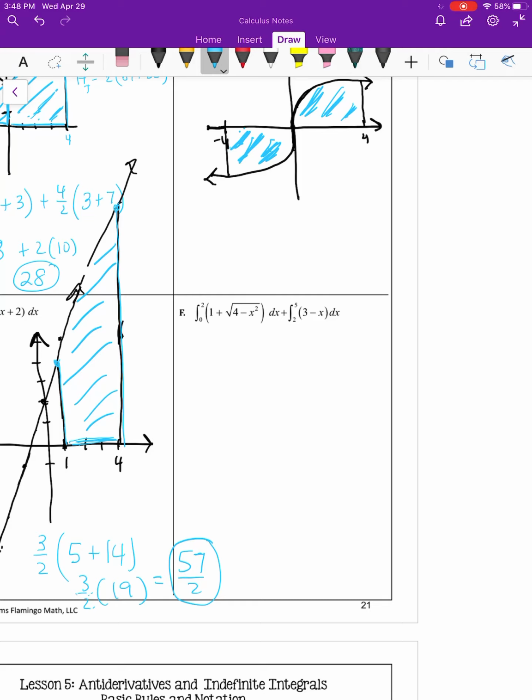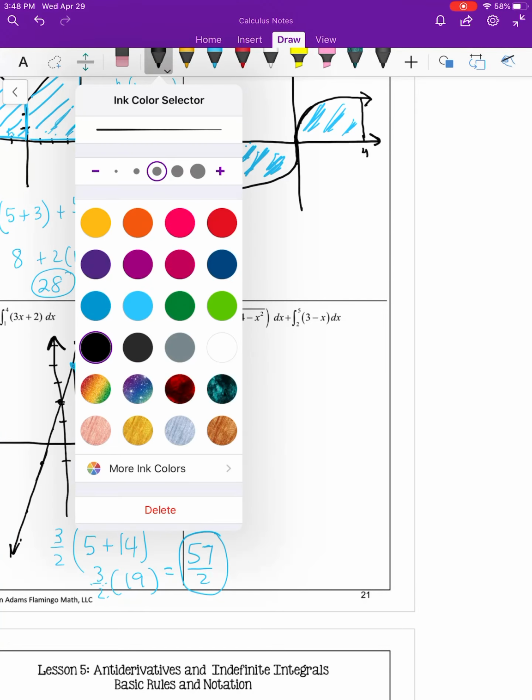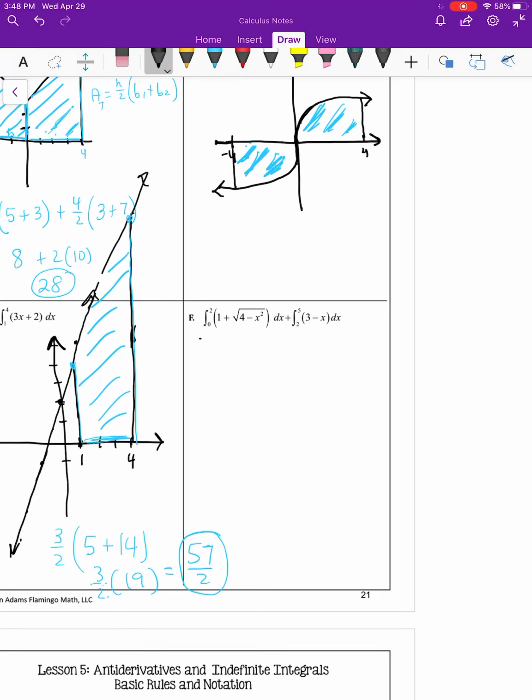57 halves. Okay. F, the integral from 0 to 2 of 1 plus the square root of 4 minus x squared. Well, I'm going to break this up into the integral from 0 to 2 of 1 dx plus the integral from 0 to 2 of square root of 4 minus x squared dx.